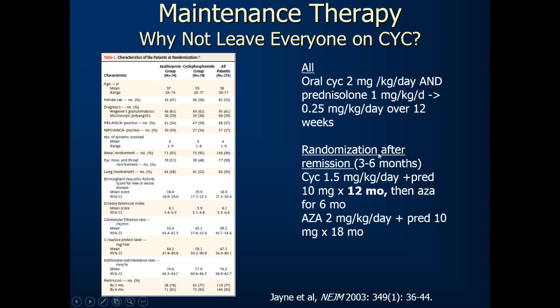Patients were randomized after achieving remission at the 3 to 6 month mark, and one group continued cyclophosphamide for 12 months, and then azathioprine for 6 months. The other group just received azathioprine and prednisone for 18 months. So this is another study looking at alternatives to long courses of cyclophosphamide.